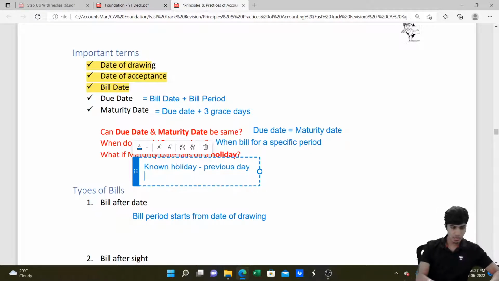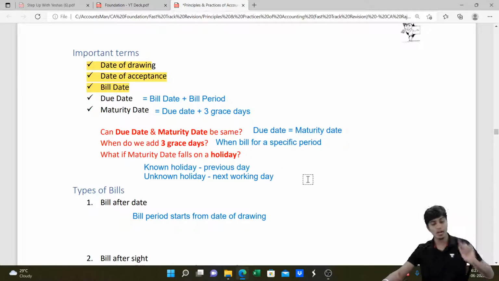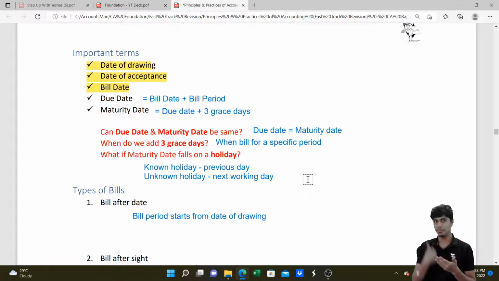If it is an unknown holiday, then it's going to be the next, not next day, next working day. What if the next day is a holiday? So we usually go by the next working day. Important, remember this. If it is a known holiday, then the previous day. If it is an unknown holiday, then the next working day.